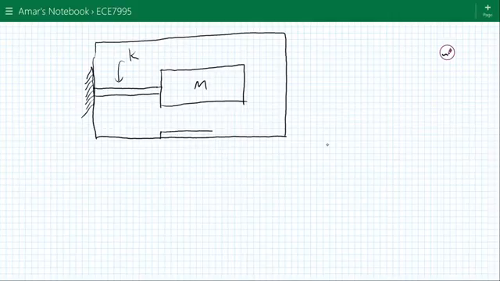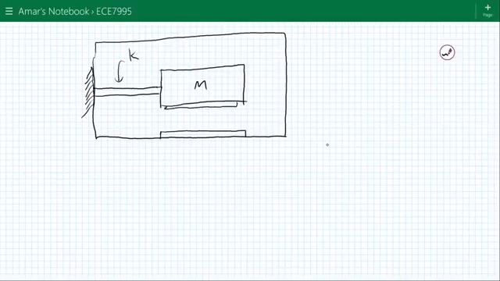I'm drawing a very simplified diagram of this. The mass is actually made of a material that's either conductive or it has an electrode on the bottom end. Most of the time the mass itself is just conductive.